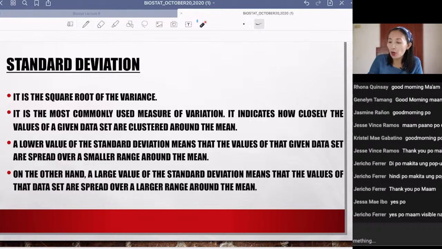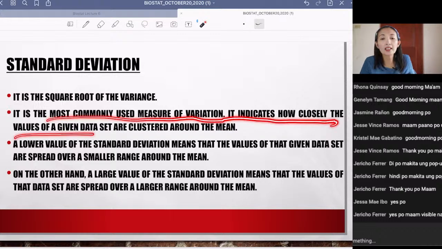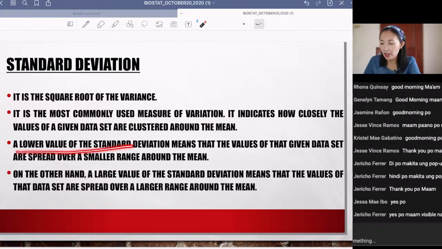So this is the most commonly used measure of variation because it indicates how closely the values of a given data set are clustered around the mean. Okay? A lower value of the standard deviation means that the values of that given data set are spread over a smaller range. Okay? Very close to the central value, or very close to the mean.